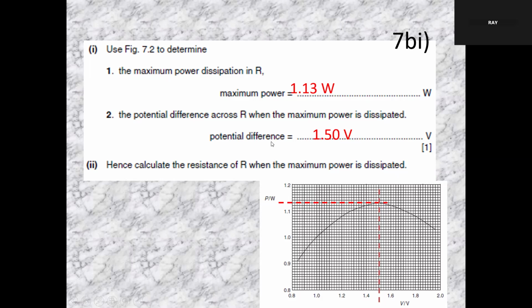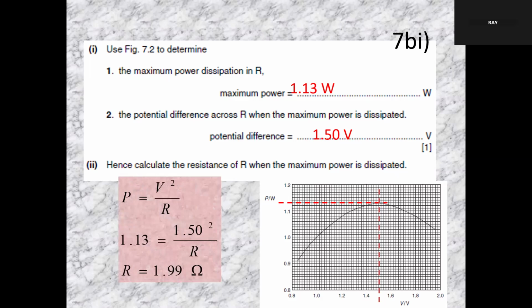How to find the current? You are given power and potential difference, so use power equals V squared over R, and rearrange. Maximum power is there, you just read it. V squared, this one. Then calculate it: 1.99 ohm.